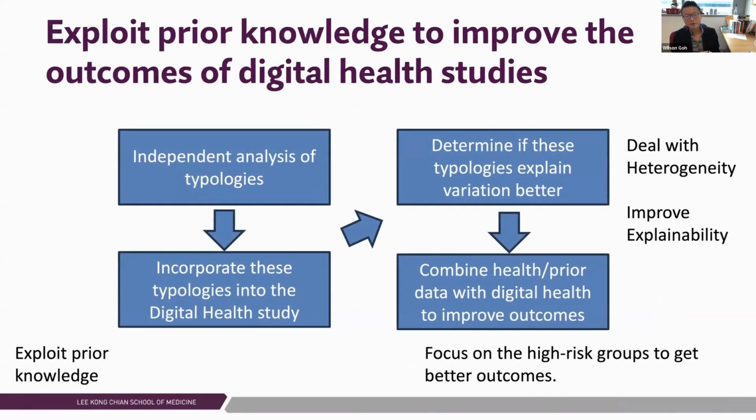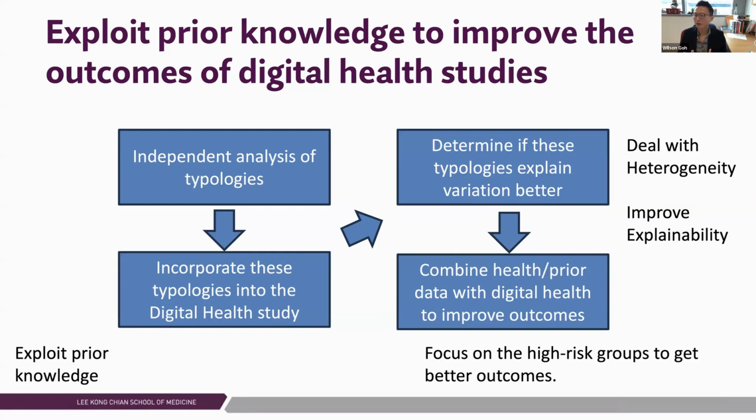So what I think can be done here is that we can exploit prior knowledge to improve the outcomes of these digital health studies. First, we can exploit these independent parallel data to get these typologies, which can be easily constructed in our prospective cohort. We can then incorporate these typologies into the existing digital health study, and then see whether these typologies can better explain variation.